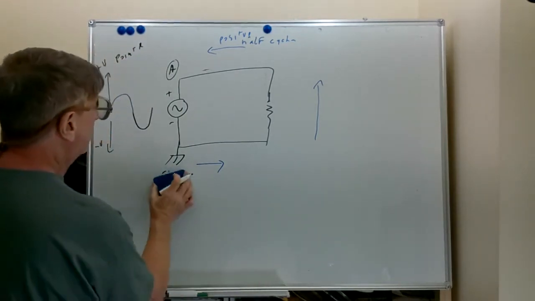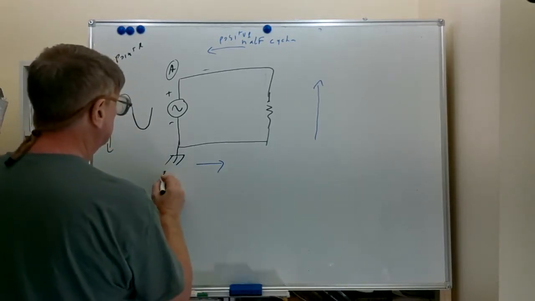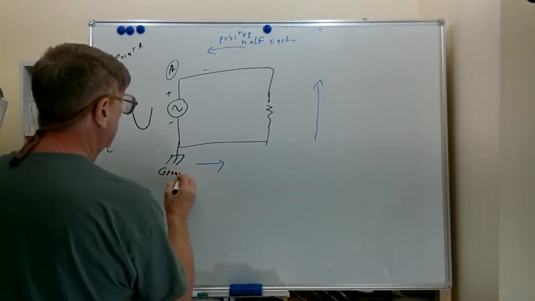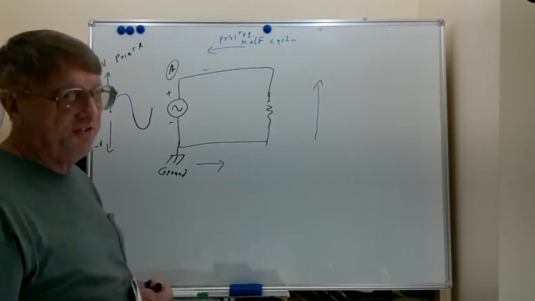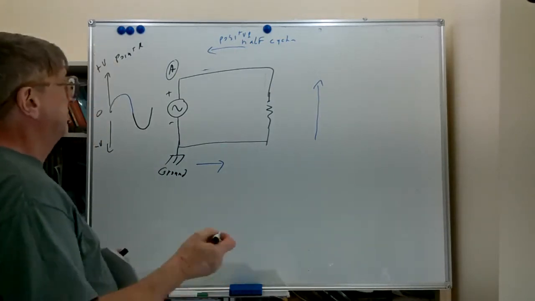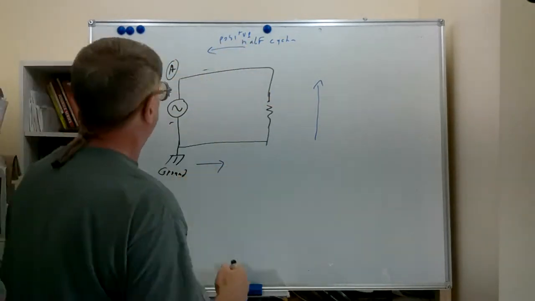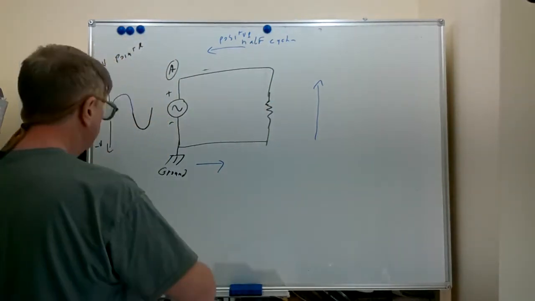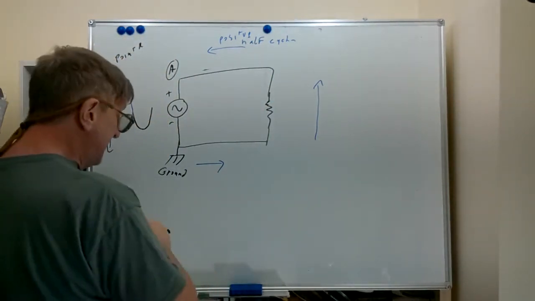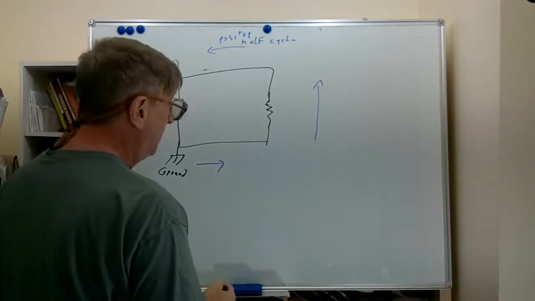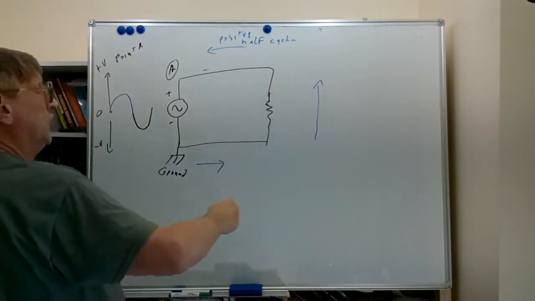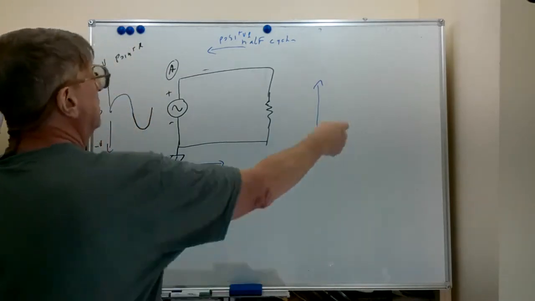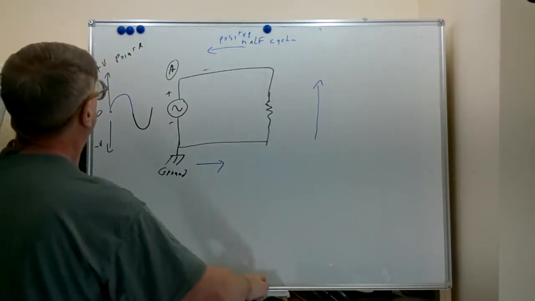I'm just going to call it ground. We always have to measure voltage relative to 2 points. We can't put one lead on and see anything. But during that time, we get current flow in this here counterclockwise direction.